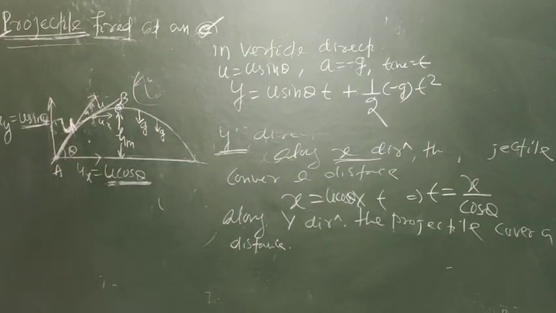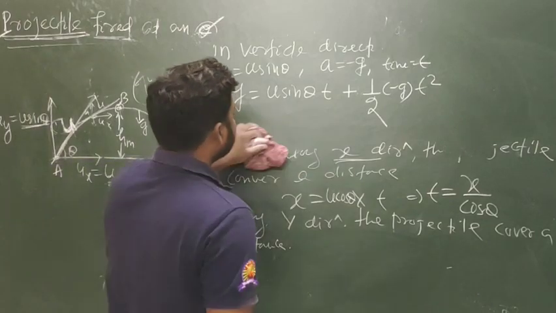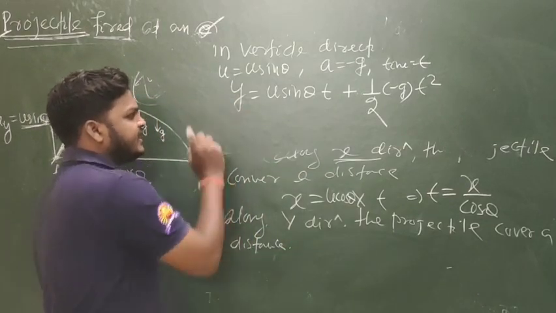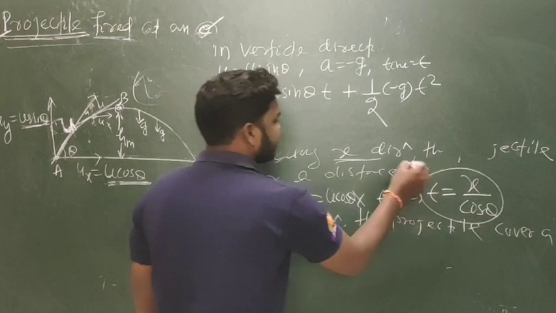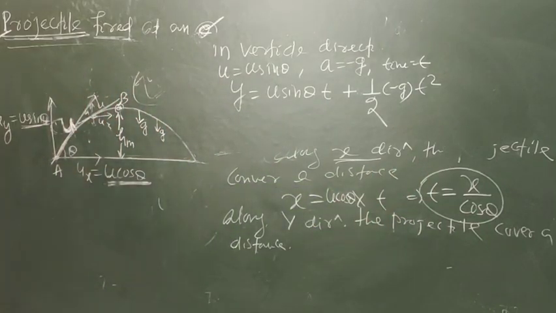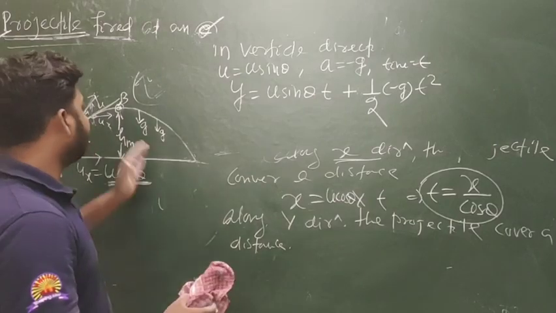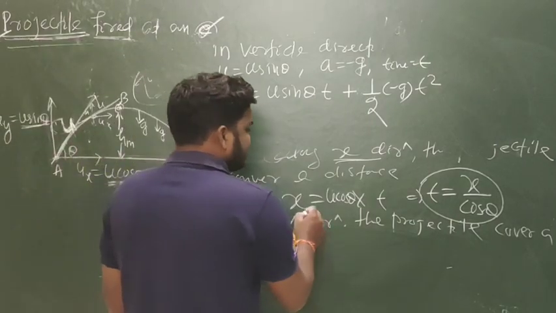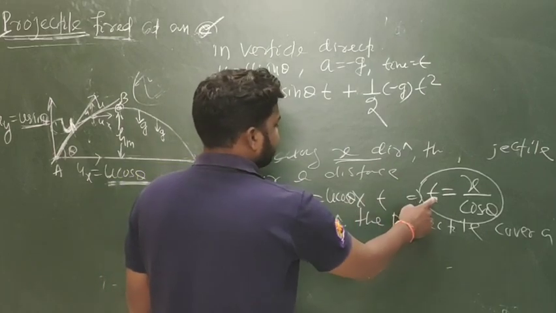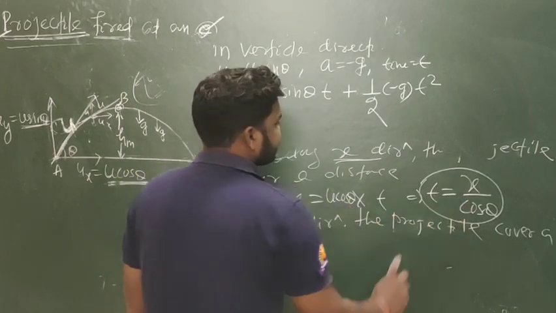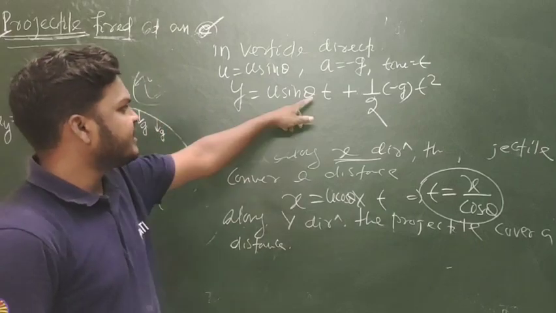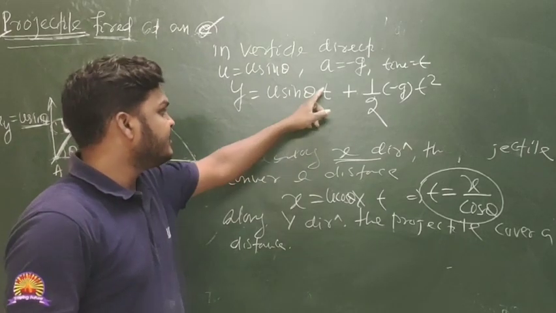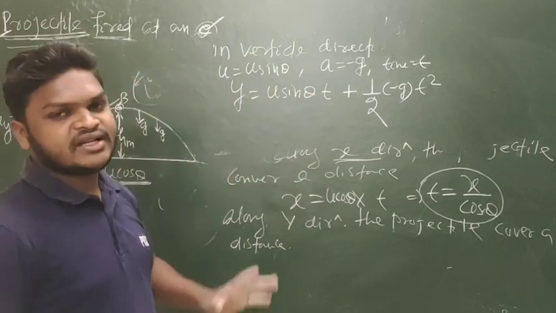To relate x with y, instead of time we write t is equal to x by cos theta. Time is the same along the vertical and horizontal directions. So from the horizontal direction we find that time is equal to x by u cos theta, and we use this instead of time so that we relate x as well as y.